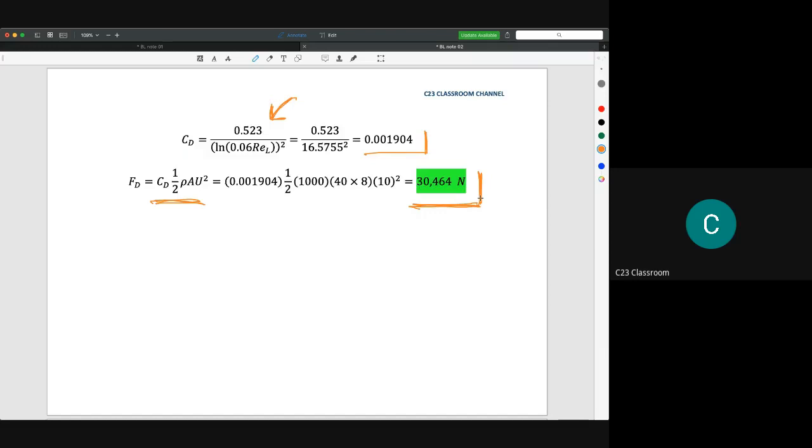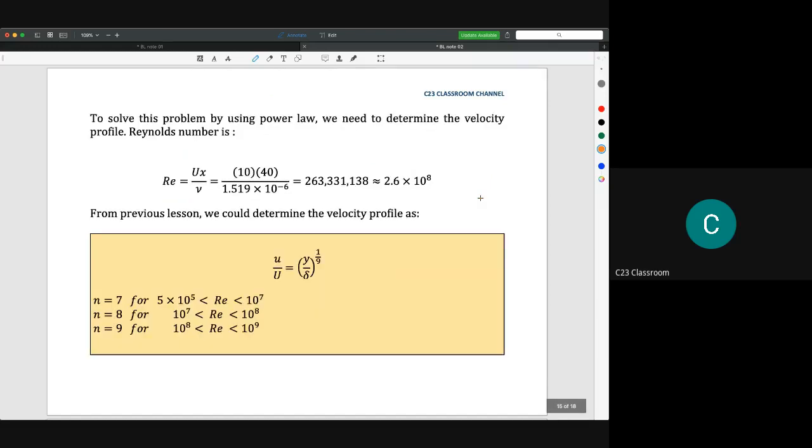So let's say we calculate this one by using the power law. Okay. And then we check the Reynolds number. The Reynolds number is here. Because it is 40 meters long here, the velocity is 10, and this is the kinematic viscosity for water at 5 degrees Celsius. So it is around 2.6 times 10 to the power of 8.